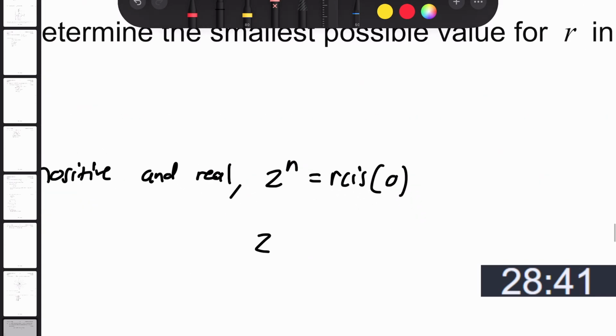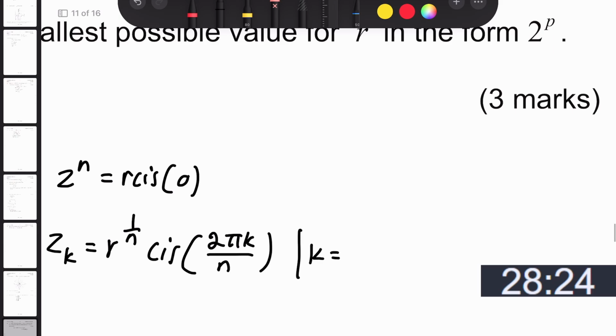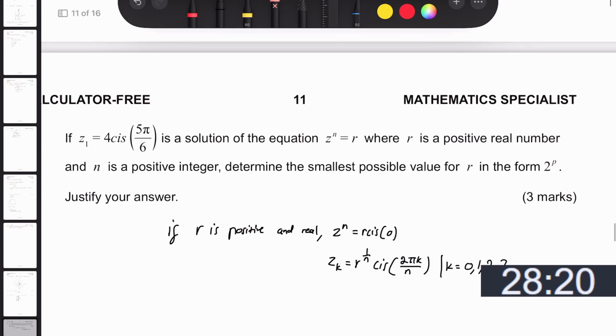So then zk is going to equal r to the 1 on n cis of 2 pi k on n, given that k is going to equal 0, 1, 2, 3, etc.